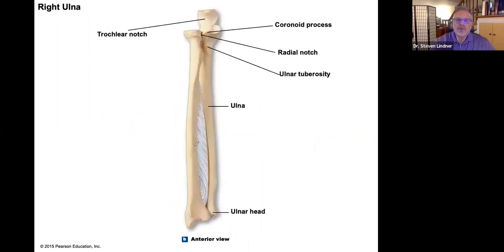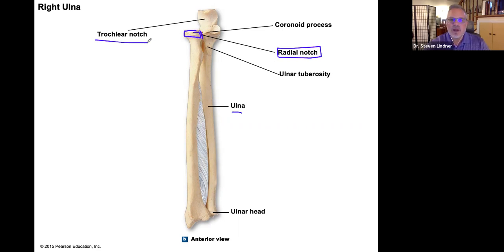Let's take a look at the forearm. So here is the head of the radius. And here's the radial notch. Remember, the radial notch is here, which is embedded in the ulna. Here is the trochlear notch.